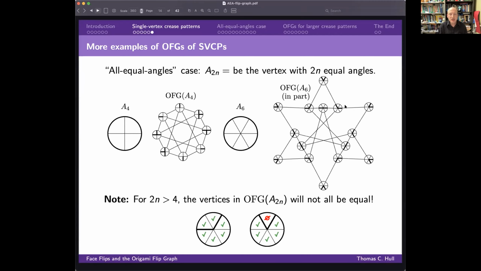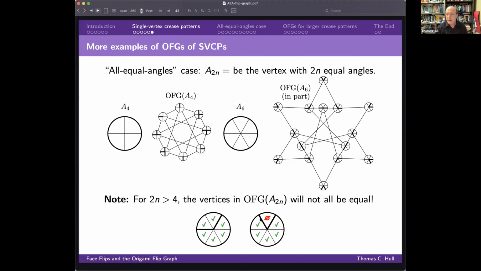But here, things change. And I try to illustrate this down here. If I have a mountain valley assignment like this, with these 2 mountains and the rest valleys, then I could flip any of the faces and it would give me a valid mountain valley assignment. But if my 2 mountains are next to each other and the 4 valleys are down here, then I cannot flip the face that is bordered by the 2 mountains, because then I would have all valley creases, and that violates Maekawa's theorem.